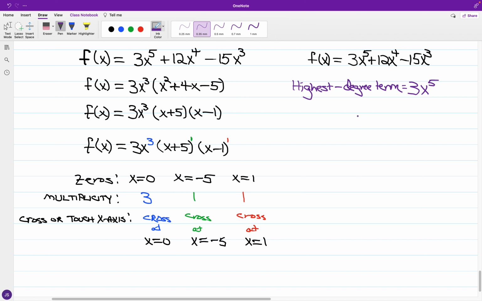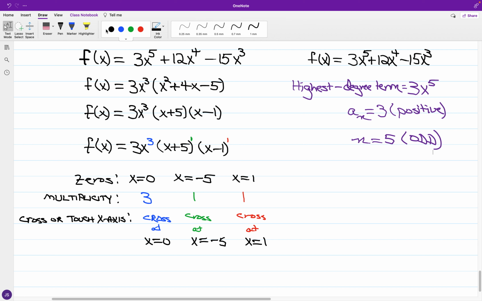And so for the coefficient, a of n, that is equal to 3. So that is positive. And for the degree n, that is 5, so you have an odd value.